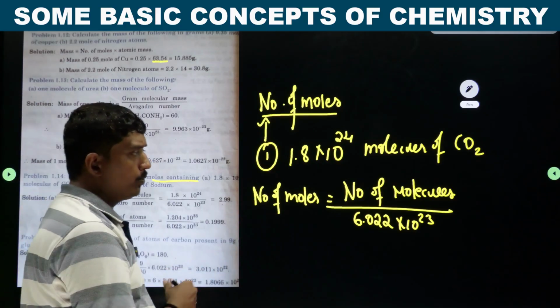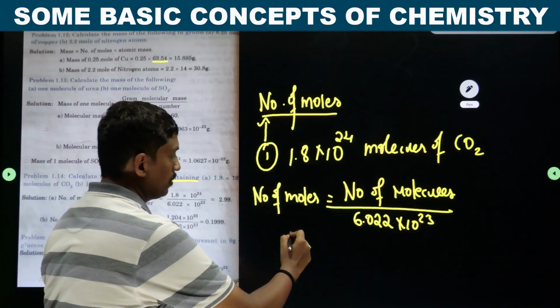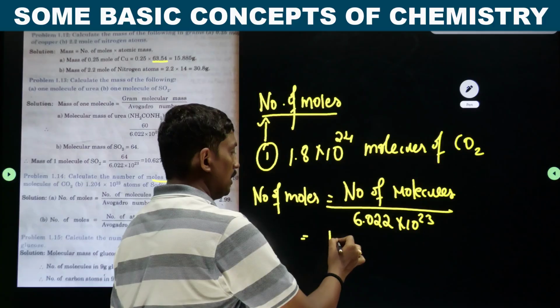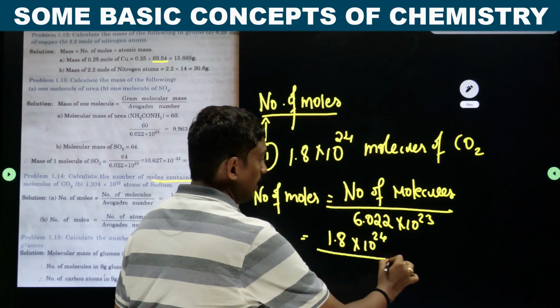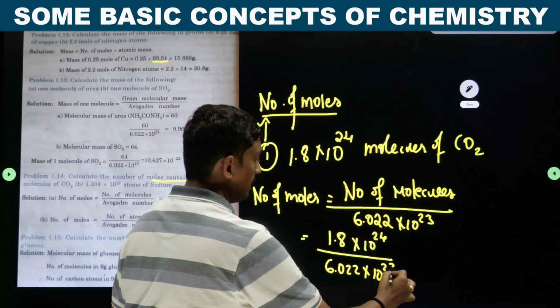We used this formula already. Number of moles is the question mark. They have given the number of molecules, how much? 1.8 into 10 to the power 24, divided by 6.022 into 10 to the power 23.